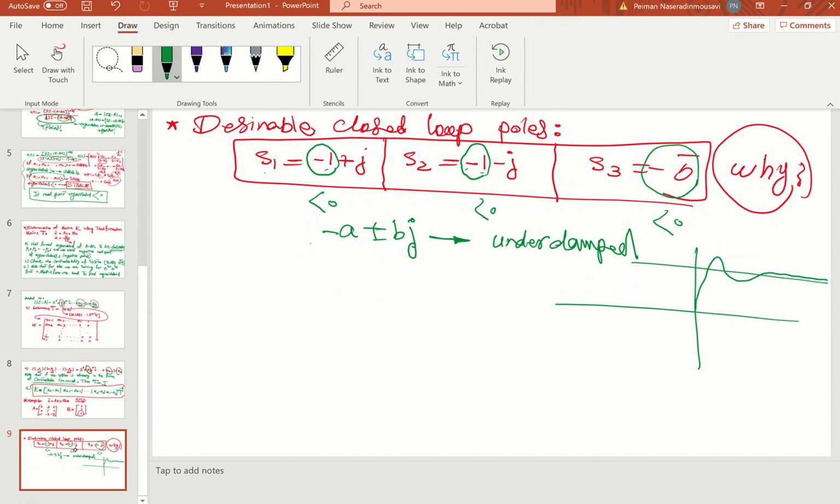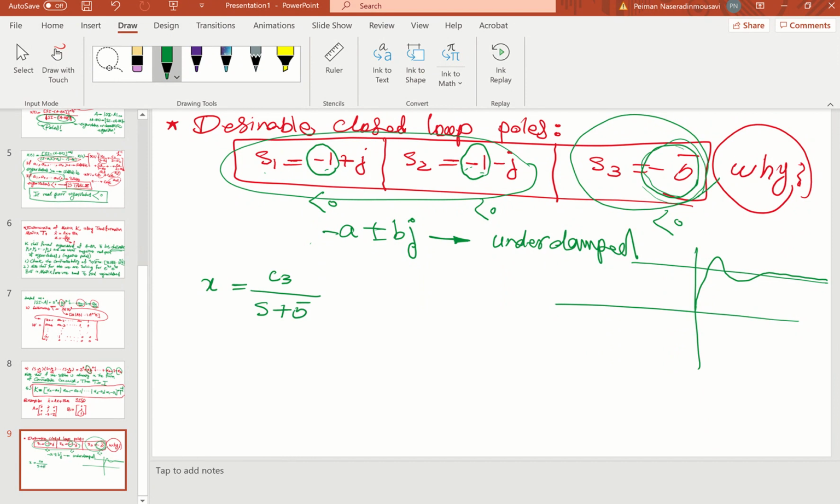Third is that you see the real part of the third pole's eigenvalue is 5 times the real part of the others. It means that the dominant poles are these, because at the end of the day, this is going to appear in the solution of x like this, say C3 over s plus 5. That's right.